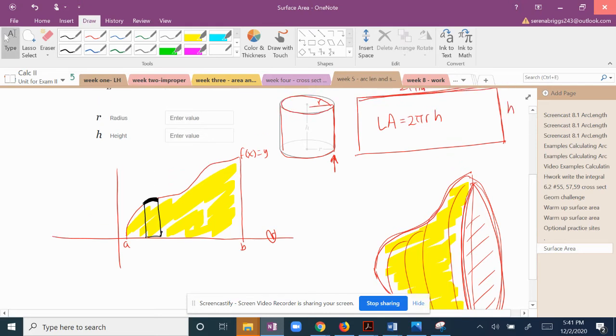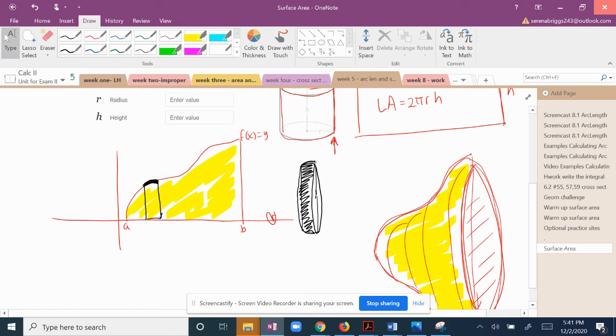You could sort of attribute that to a cylinder, right? But it's not quite a cylinder. It's got this curvy side to it, but otherwise it's cylindrical in shape. And I'm only interested in finding this area as it comes all the way around.